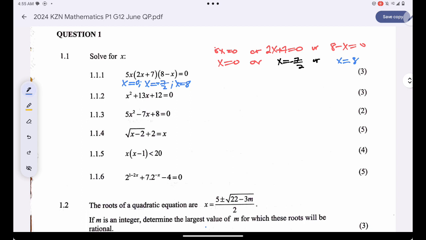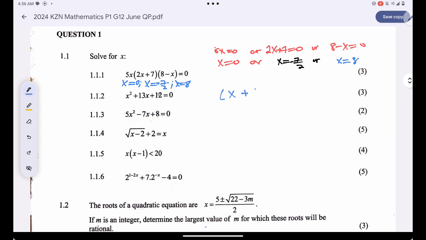And then for the second one, we are given x² + 13x + 12. So we want to find the factors of 12 that when we add will give us 13. Let's factorize.